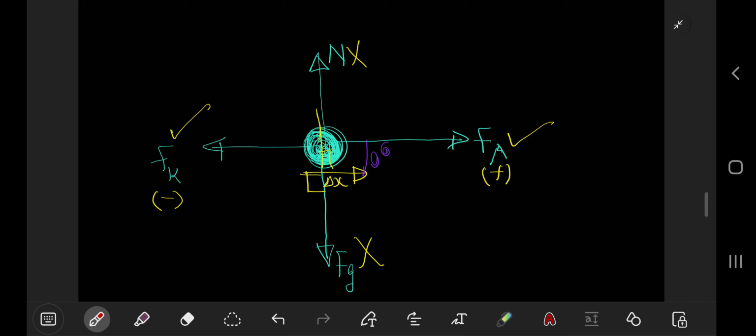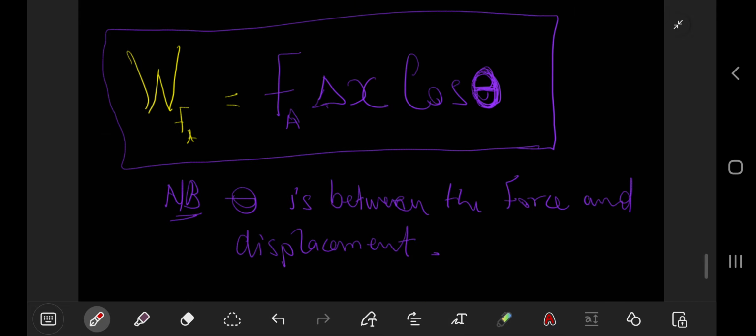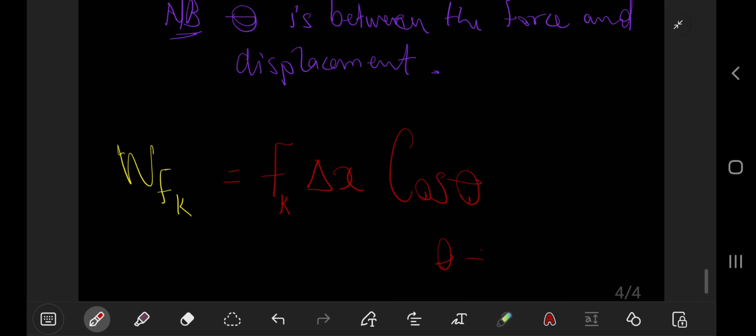In this case, your displacement is to the right, but your frictional force is to the left. So the angle between the two is actually 180, so theta is equal to 180. If you say cos 180, you get -1, and that implies that the work done by the frictional force would be negative.